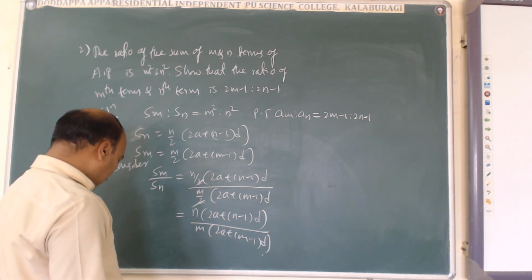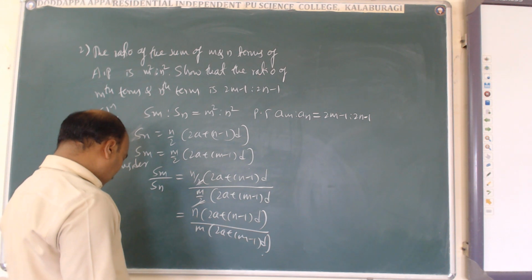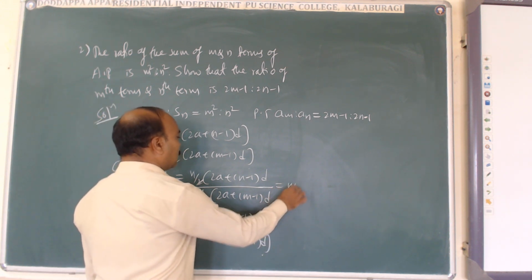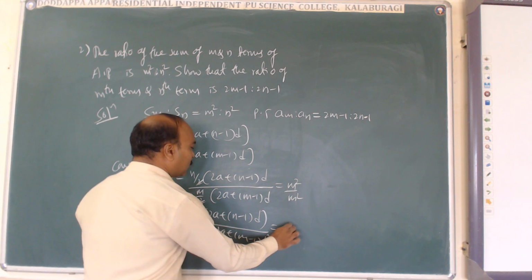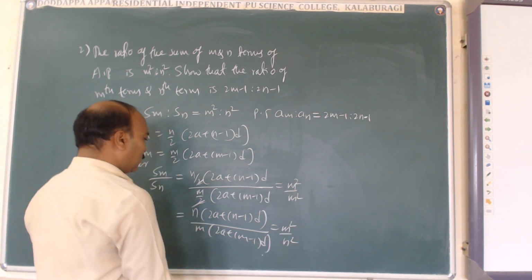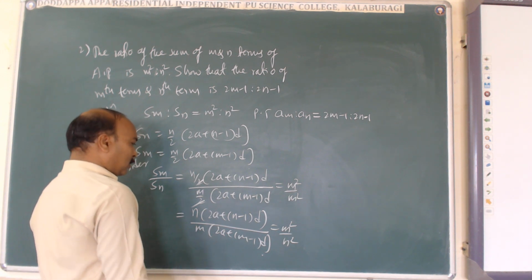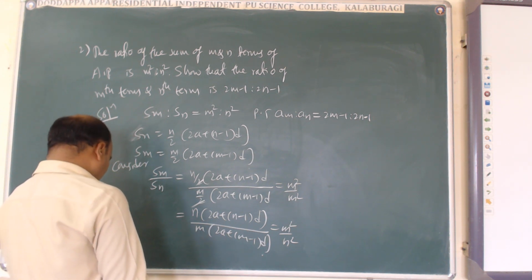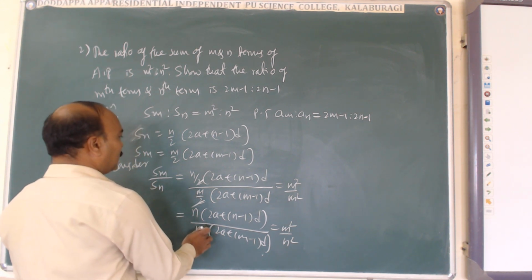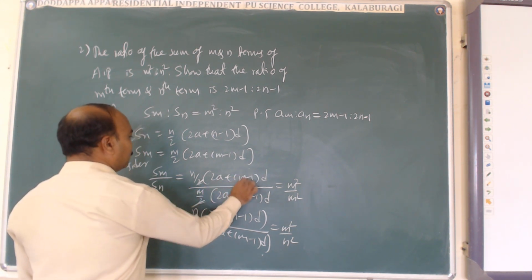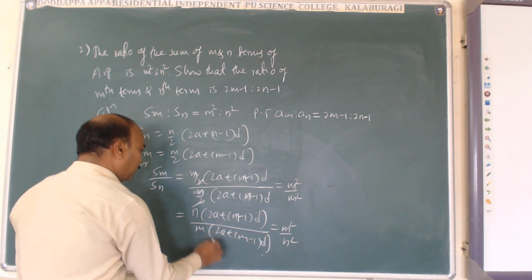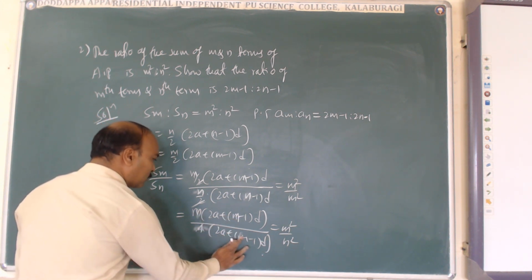Next, it is equal to, they have given that it is m square by n square. Now here you cancel one m and one n.